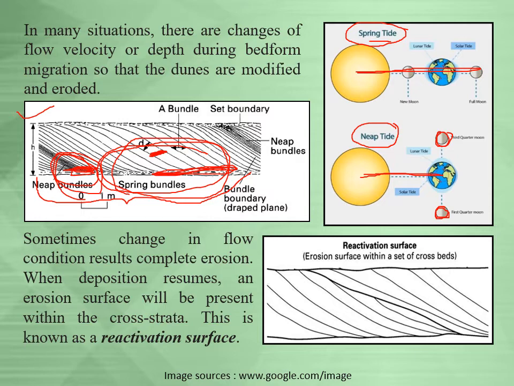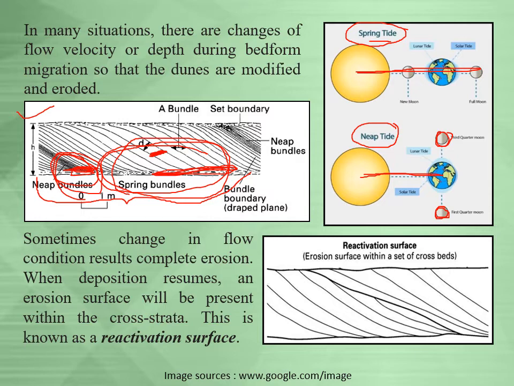So from the variation in thickness of the internal laminae, that is the cross laminations, you can predict the tidal cyclicity within the rock record. If it is distantly spaced, then it is formed due to spring tide. If it is very closely spaced, then it is formed due to neap tide.